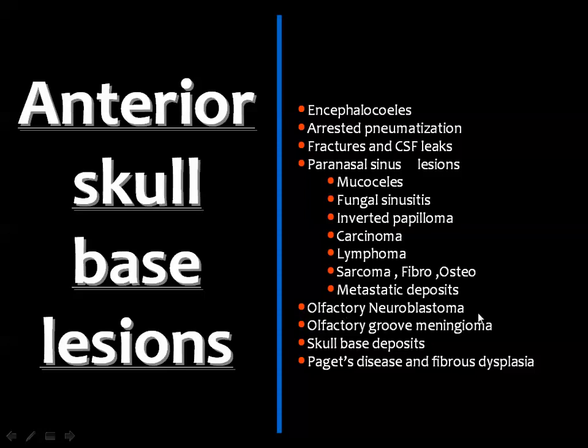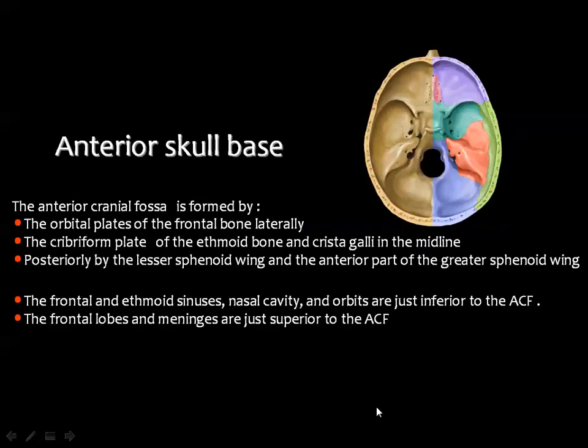Also, one of the well-known tumors of the anterior skull base is the esthesioneuroblastoma or olfactory neuroblastoma, and olfactory groove meningioma and skull base deposits. Also, we'll have some words about fibrous dysplasia and Paget's disease.